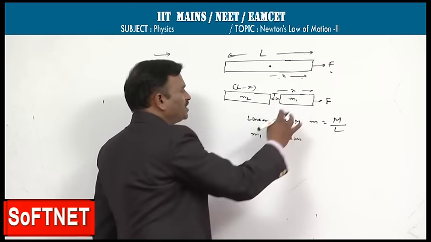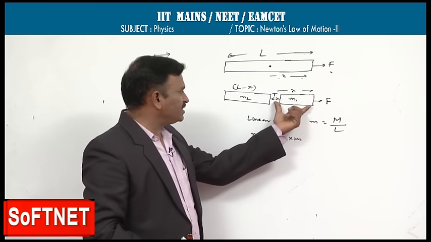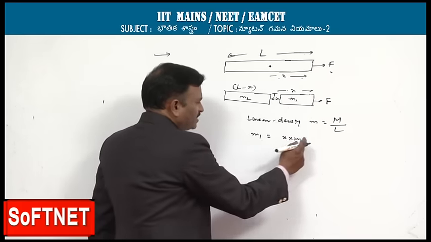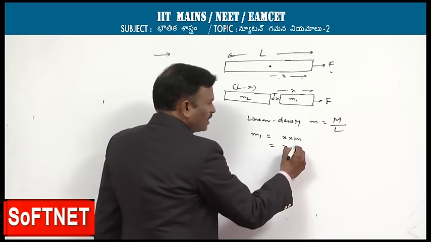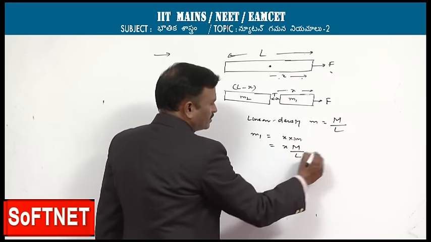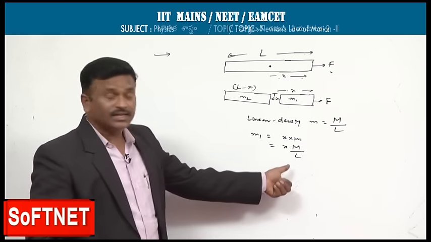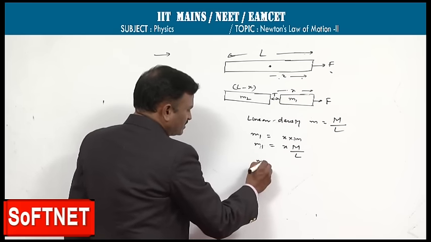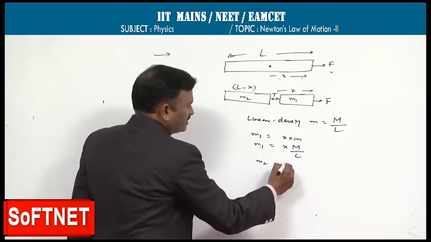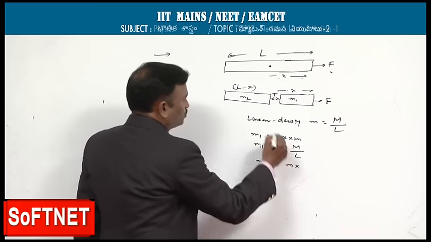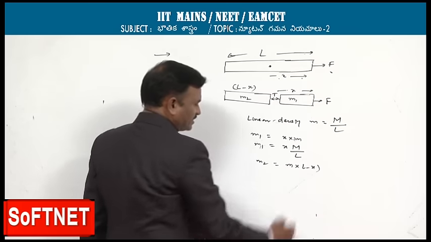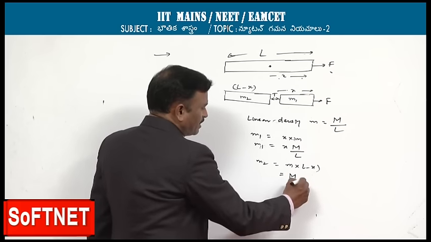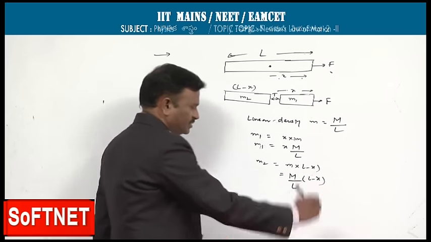Mass of this portion is linear density into distance, so x into M by L. Total mass by total length is linear density. Similarly, m2 is equal to linear density into L minus x, so m2 is M by L into L minus x.